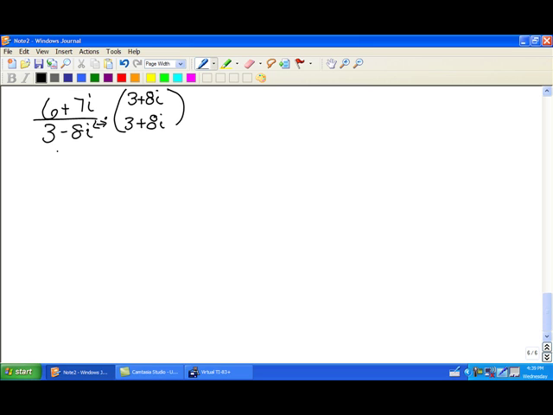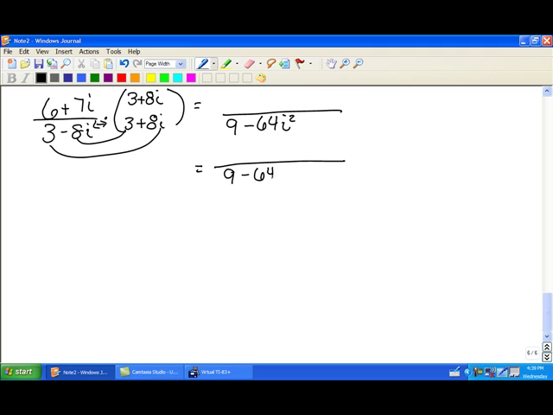That way we know when we multiply on the denominator that the outer terms and the inner terms will cancel out. So our first terms will be 9. Our last terms will be minus 64i squared. Now if you want to keep working that denominator, that's going to be 9 minus 64 times negative 1. That's going to be 9 plus 64, or that's going to be a 73.